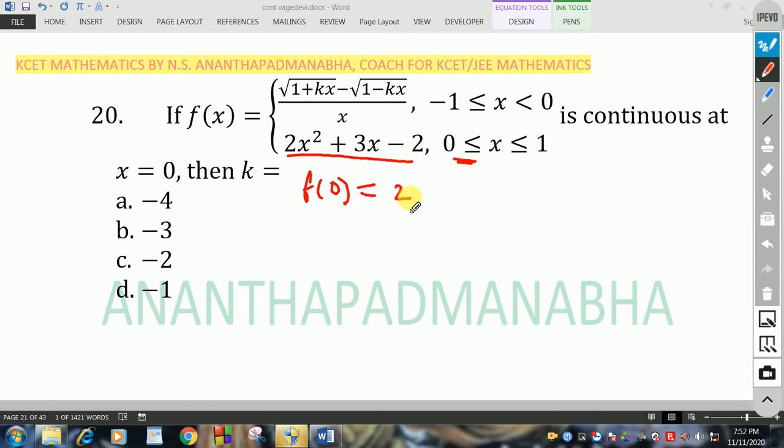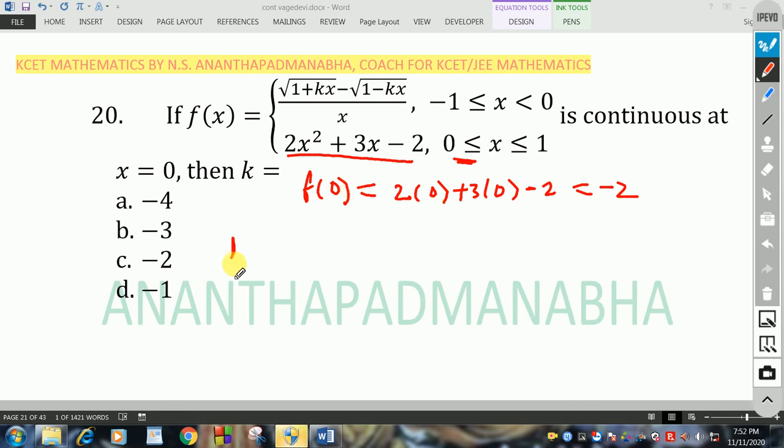So that is 2 into 0 plus 3 into 0 minus 2. So here I have minus 2. So I got the value of the function, that is right hand limit and the value of the function will be same because they are continuous.